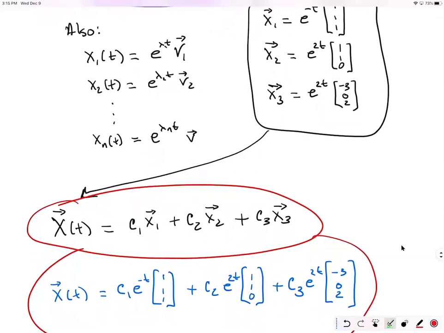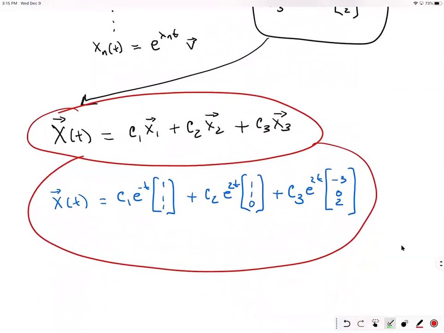And then other books, especially some of your graduate level math books, will write it in this form with the blue, which is more descriptive, right? It's just putting everything together nicely. If I didn't write so sloppy, it might be better. I haven't quite managed writing on the tablet. Okay, very, very exciting.